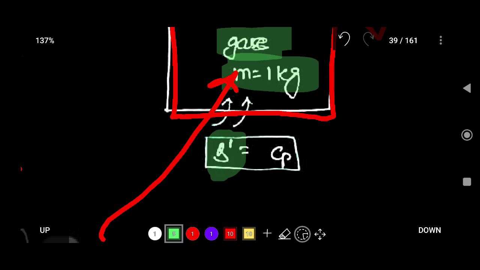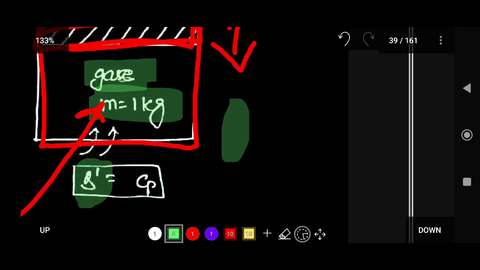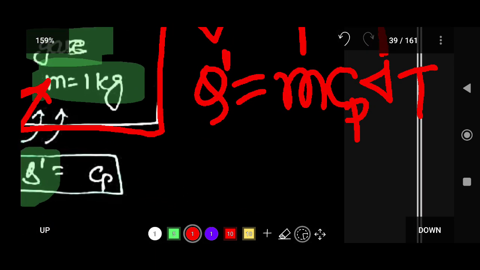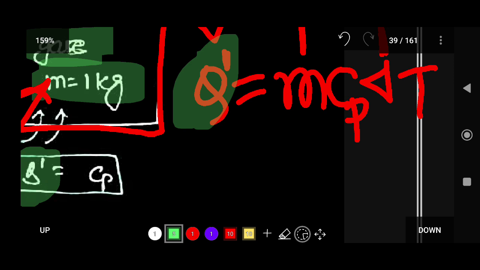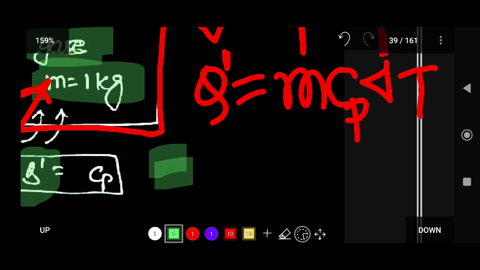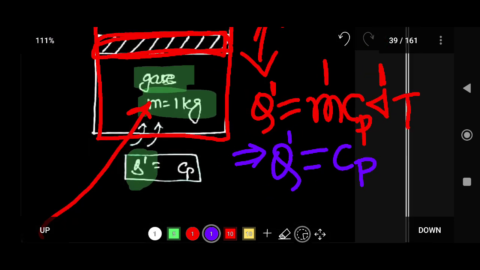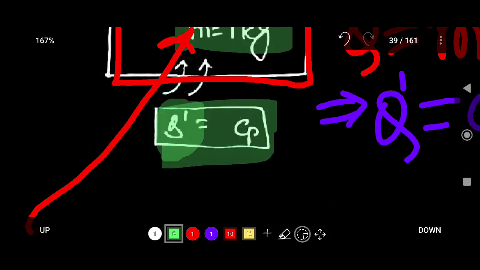We know the formula Q is equal to m Cp delta T. If m is 1 and delta T is 1, then Q dash for the constant pressure process is equal to Cp, specific heat at constant pressure.